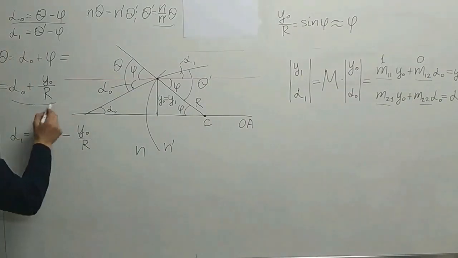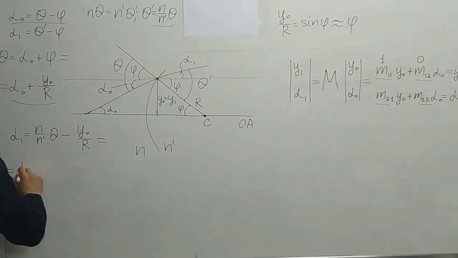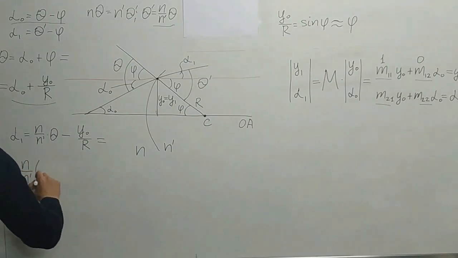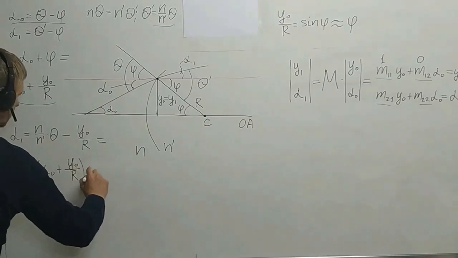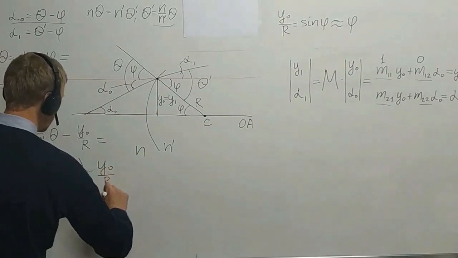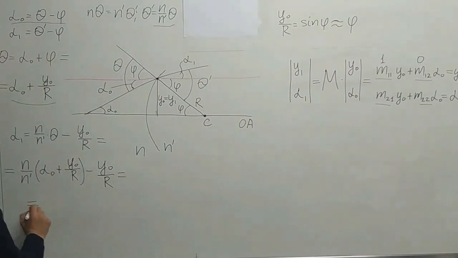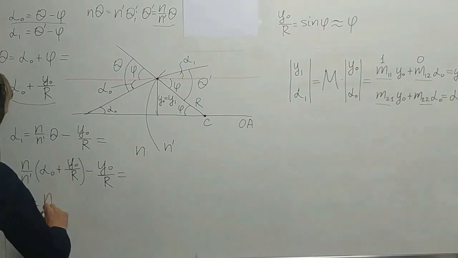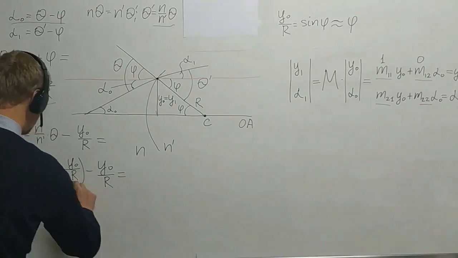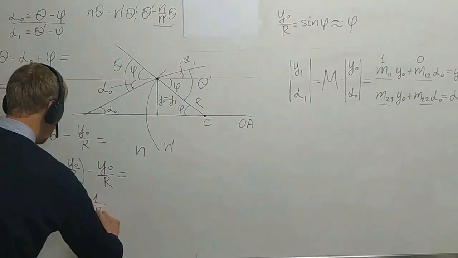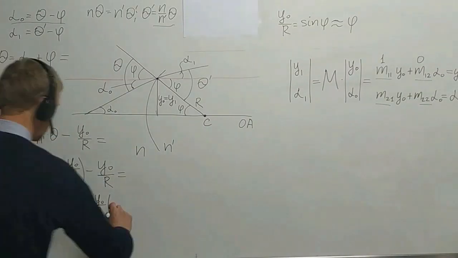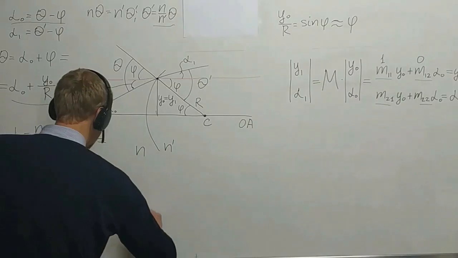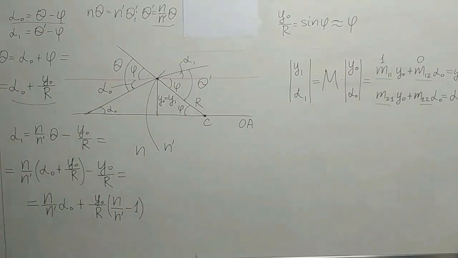Now if I use this expression for theta, I have n over n prime times alpha 0 plus y0 over r, minus y0 over r, which I can rewrite in the form of n over n prime alpha 0 plus 1 over r, or y0 over r, times n over n prime minus 1. So now this is what I was looking for.